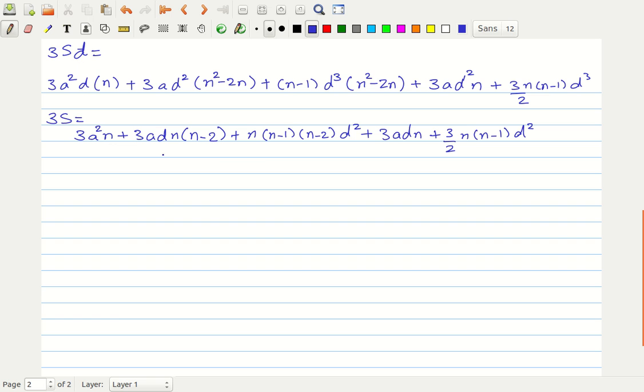Now you can see that n can be taken out as a common factor, and because there is a term 2 here, let me take n by 2 as the common factor.